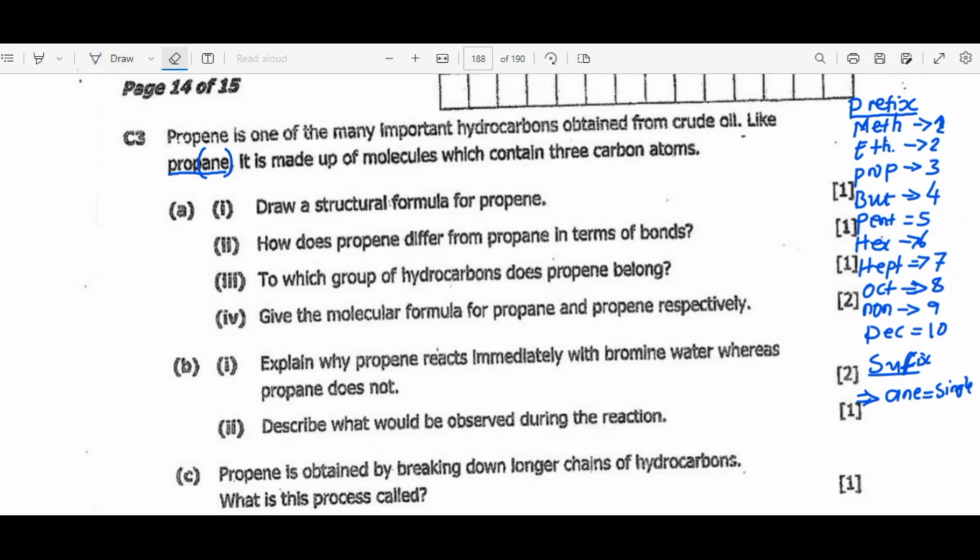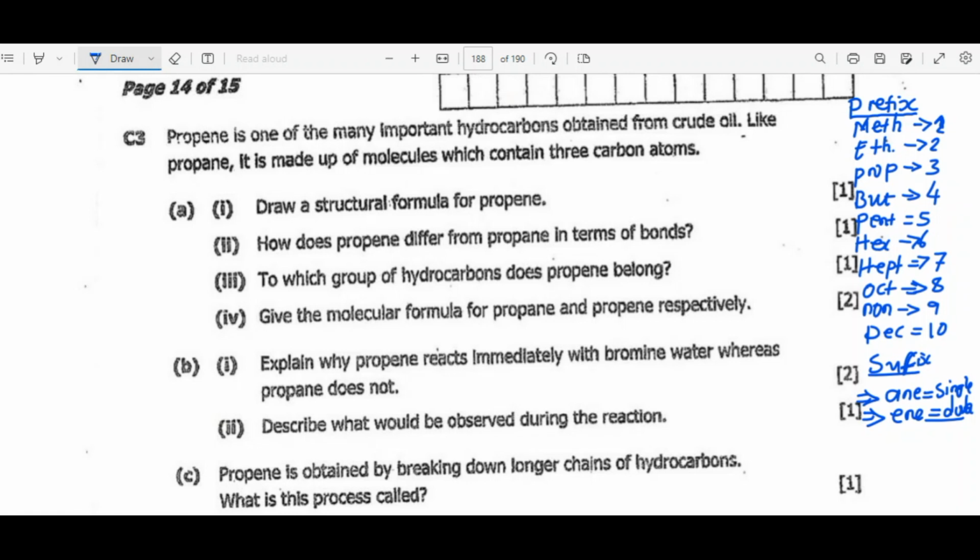So it tells us the molecule consists of single bonds only. Then the second suffix is ene, where we are expected to have at least 1 double bond. So this one has ene, there will be 1 double bond. So the ene represents the double bond, while the ane represents the single bonds. Then the first part denotes the number of carbon atoms that are found in that molecule.